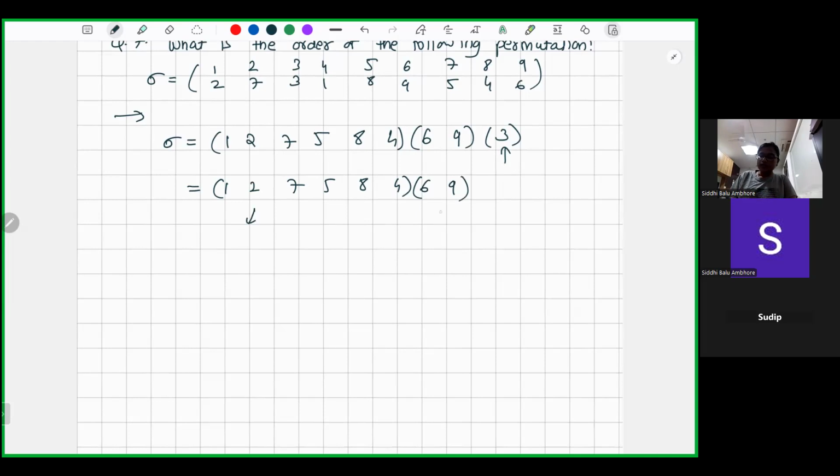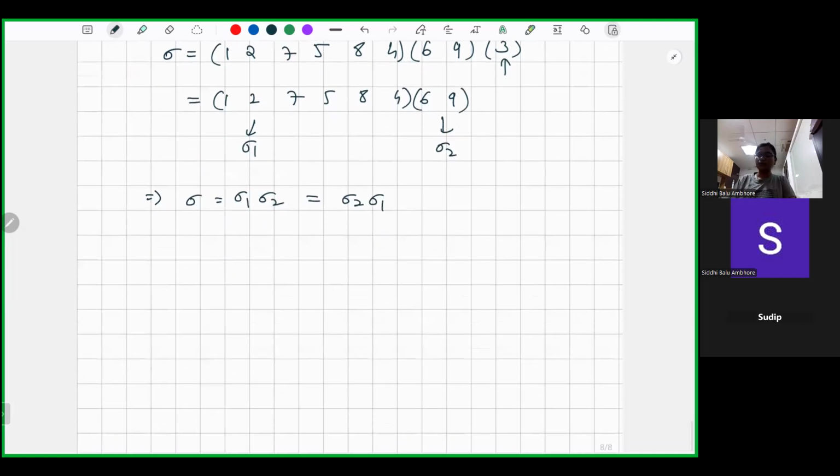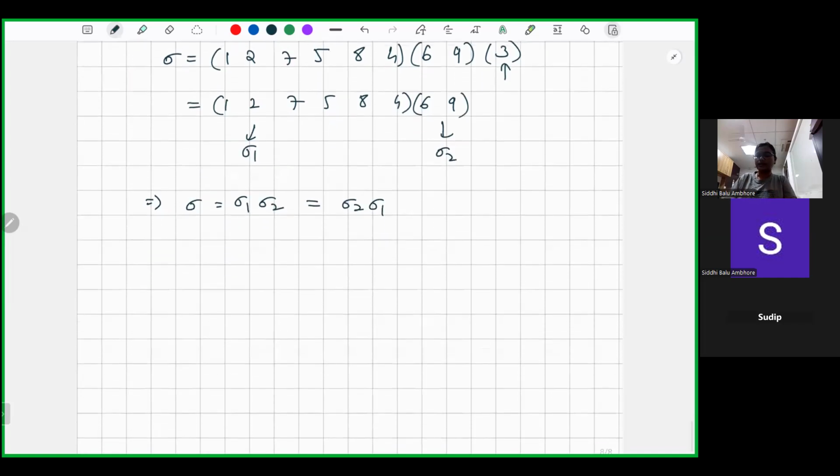Now if I call these two cycles sigma 1 and sigma 2, then sigma is sigma 1 into sigma 2, and I can commute them. Sigma 1 sigma 2 is equal to sigma 2 sigma 1 because these are disjoint cycles, hence they commute.